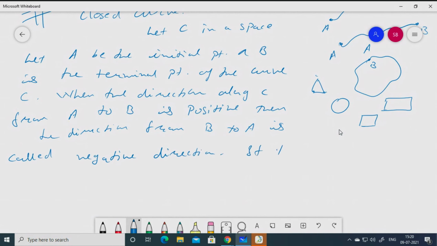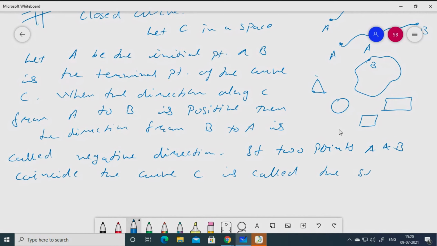Now, if these 2 points, A and B, coincide, the curve C is called the closed curve.